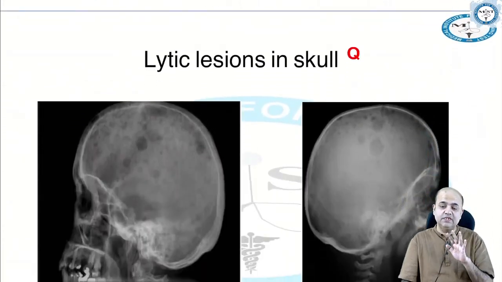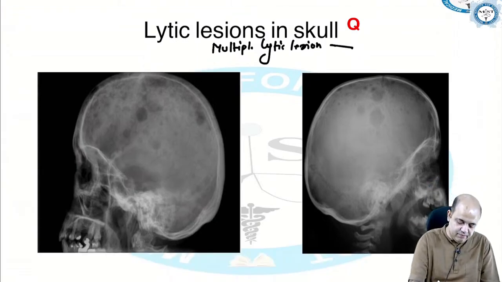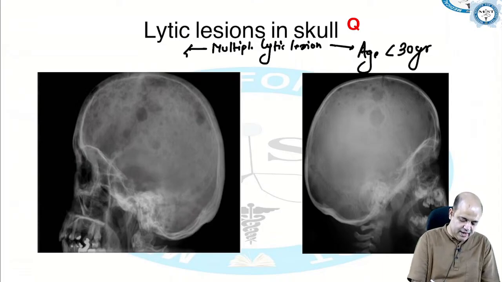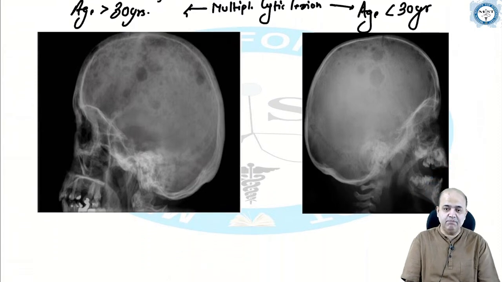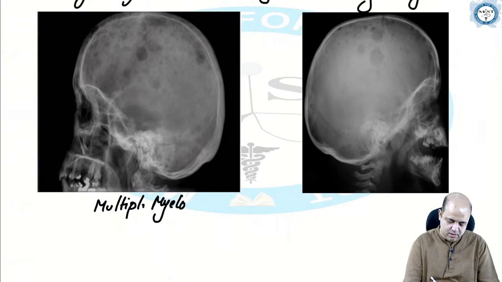Lytic lesions of the skull are also very important. Whenever we have multiple lytic lesions, always see the age of the patient: less than 30, or more than 30 years. If the age is more than 30 years, it is multiple myeloma.